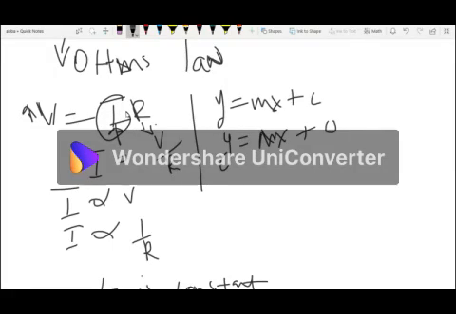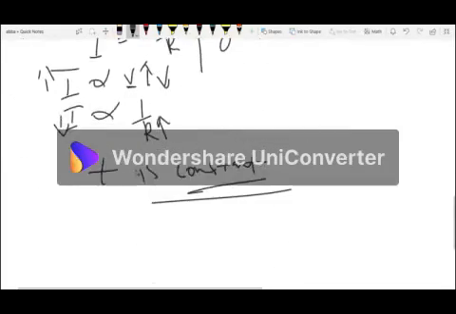Current in a metallic substance is directly proportional to the potential difference. This means that if current increases, then the potential difference will increase. Now, if current decreases, the potential difference will also decrease. Similarly, if we increase resistance, current will decrease, meaning potential difference will do what? Will decrease. So if we decrease resistance, current increases.